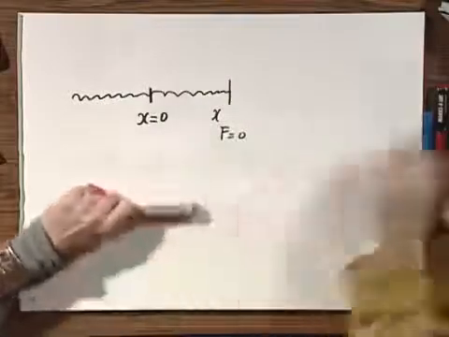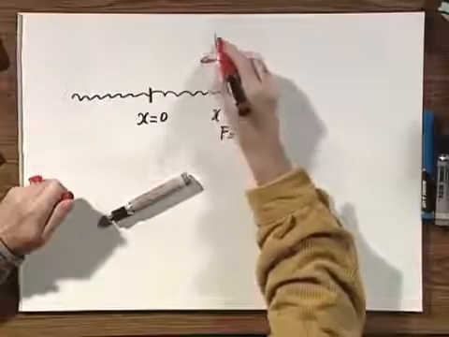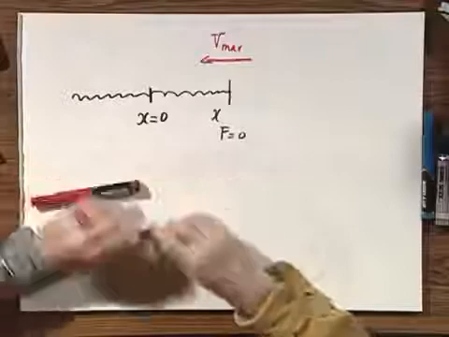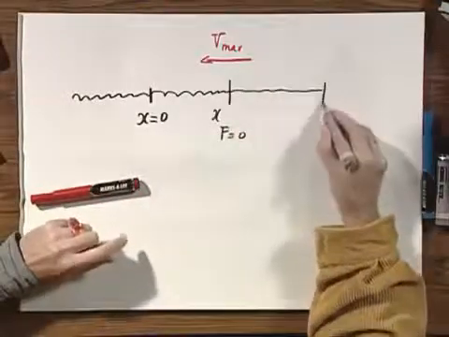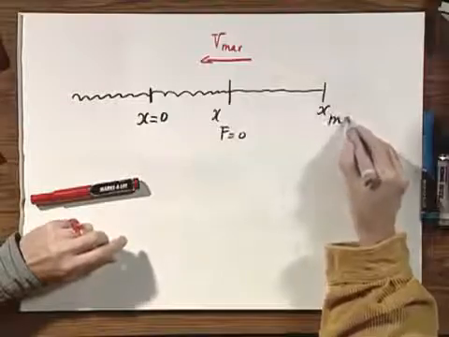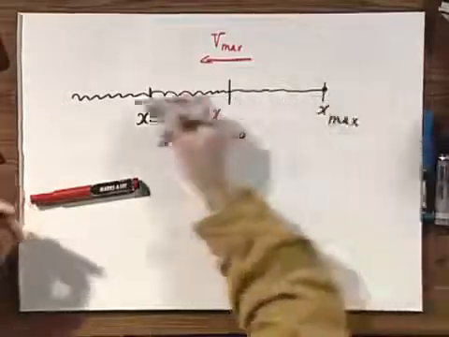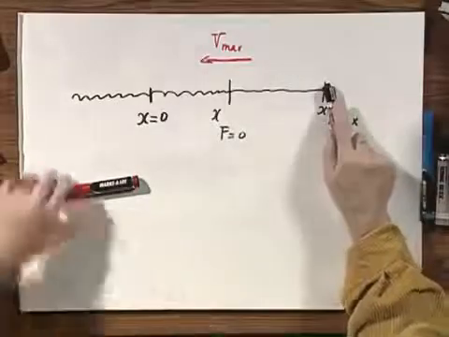This is where the velocity, as we just calculated, reaches a maximum value. So I remind you of that, Vmax. And then further on here is the location x max, where we could put it without the object moving, so the object would stay put there.